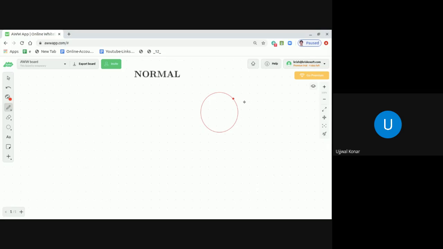Now we know what the tangent to the circle is. Suppose I describe the tangent using the green color. The tangent will be something like this.